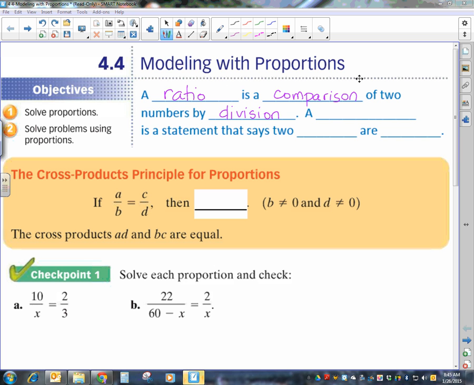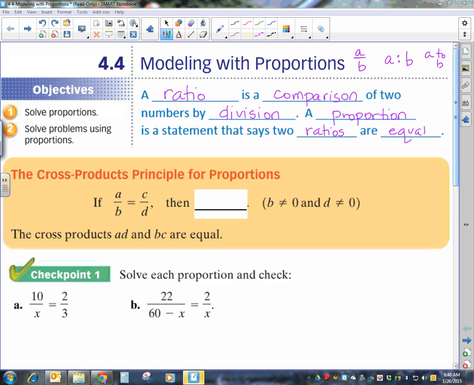If I'm going to compare two numbers such as A and B, then we could write that as A to B, or we could write it as A to B with just the word "to." And when we take two ratios and make them equal to each other, that is what we call a proportion.